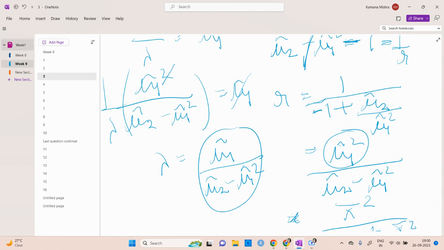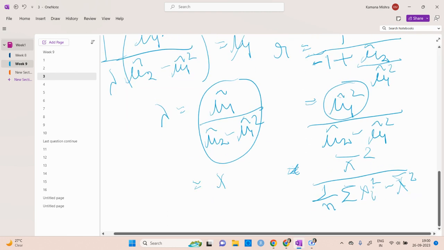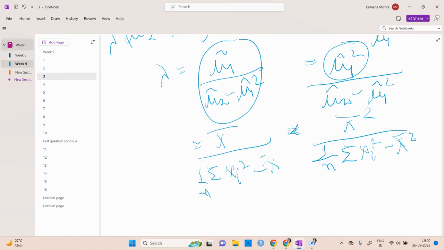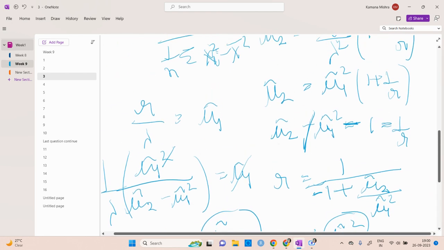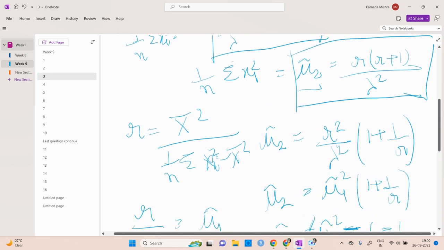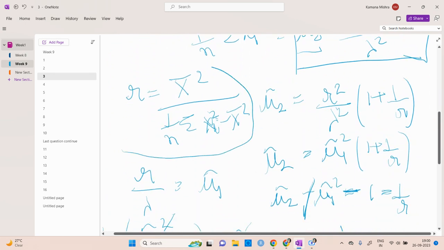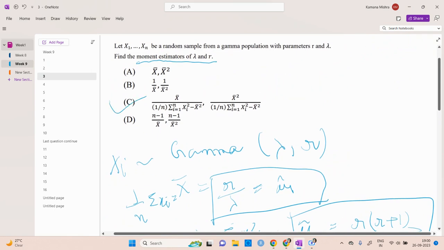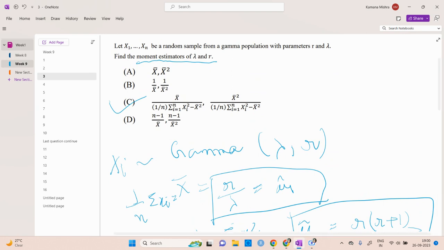Now mu1 cap is x bar, so this is x bar divided by 1 upon n summation xi square minus x bar whole square. This is the estimated parameter for lambda, and the other one is for r. So these are the parameter estimates for r and lambda.